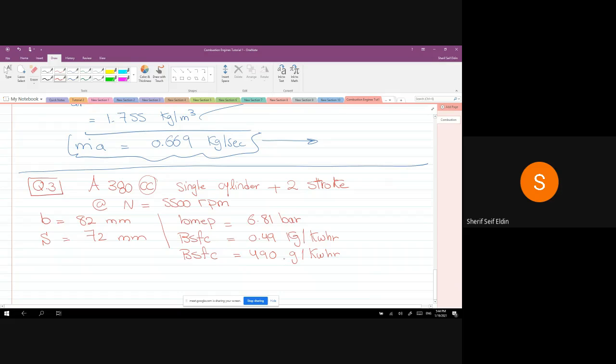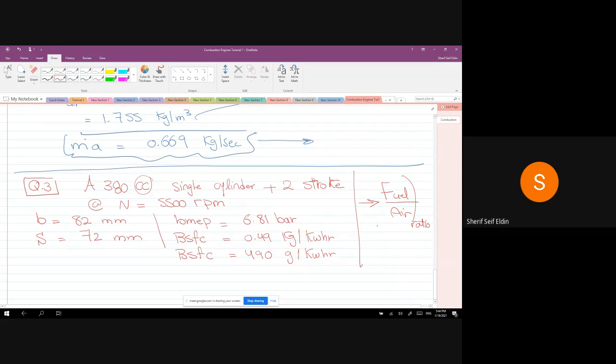Okay. So what is requested here is the fuel to air ratio and air mass flow rate. So whenever air mass flow rate is requested from you, you know that you're going to use the volumetric efficiency, right?